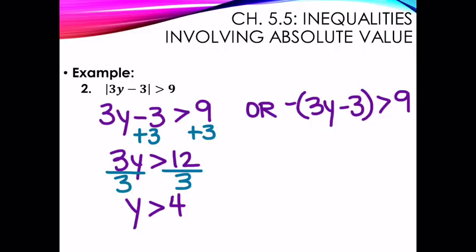Okay, now we're going to go over here and solve the second problem. The same step that I did the first time on example 1 was I'm going to divide by -1 on both sides. So on the left, we're going to keep our 3y minus 3. Because we're dividing by a negative, that's going to flip our inequality, and 9 divided by -1 is going to be -9.